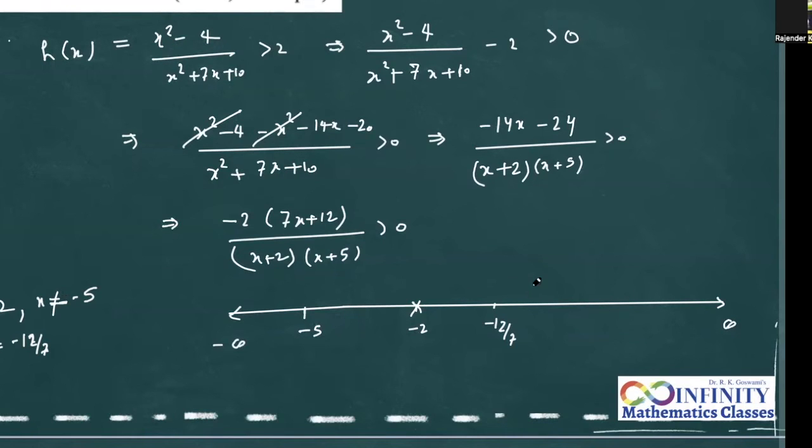Choose a test value here. Can I choose x equals 0 as a test value? Yeah. Help me with any test value. I hope minus 1 is going to be in between. No, just a second. 12 by 7 is going to be 1 point something. Am I right? Yeah. Can you please tell me any test value that may be in between negative 12 by 7 and negative 2?